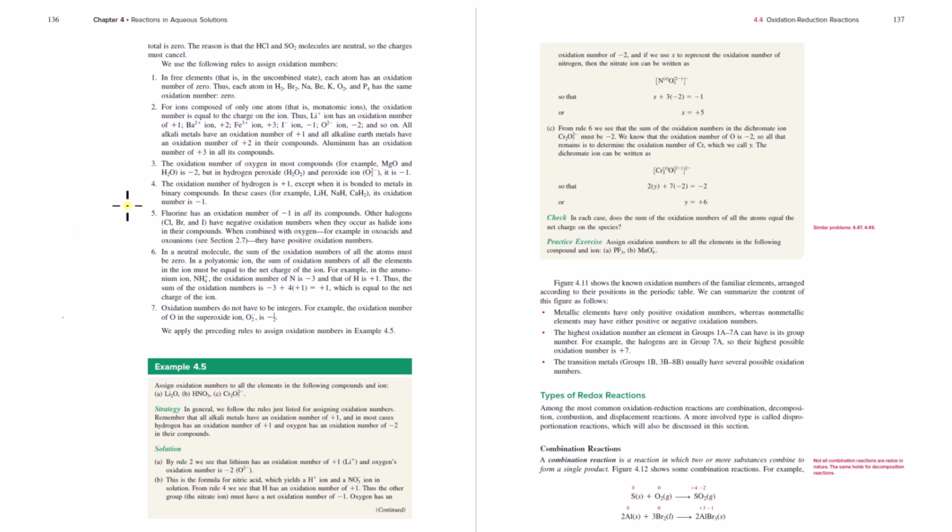Electronegativity is the measure of an atom's ability to attract a shared pair of electrons in a chemical bond. And so if you think about it, electronegativity is directly related to oxidation numbers, right? In fact, for all of the rules we're about to go through, electronegativity is the basis for those rules.